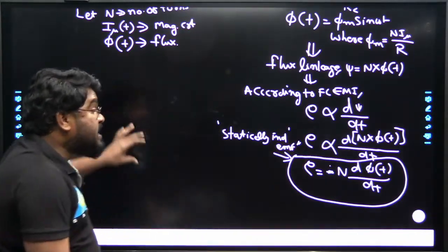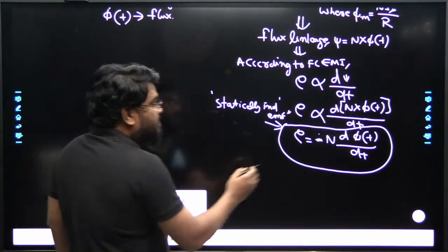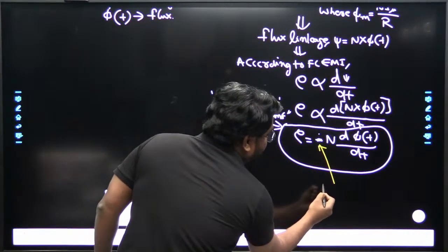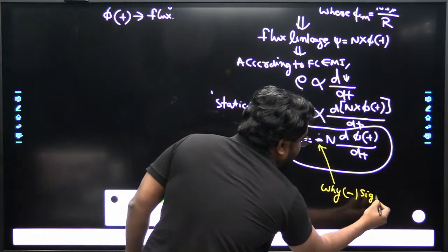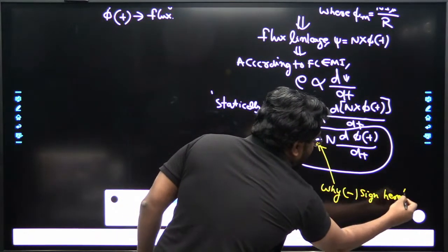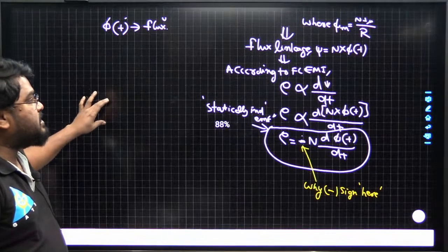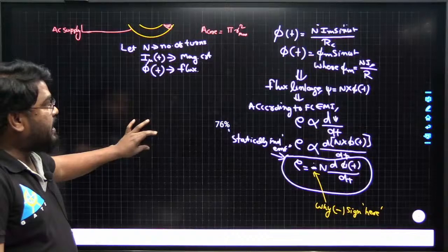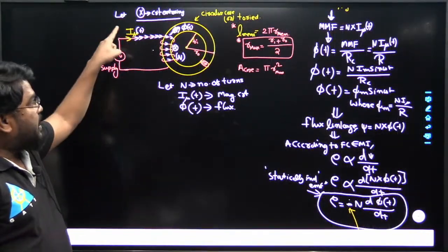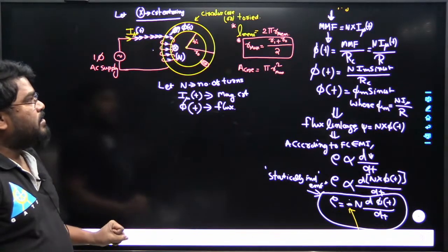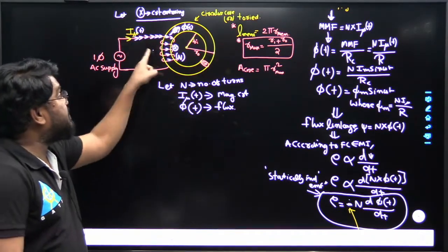Now the question is, why this minus sign? It is very important. One step at a time: whenever a coil is excited with the AC supply, the MMF is set up and thereby flux will be created.